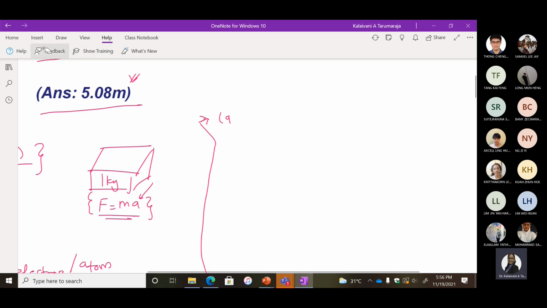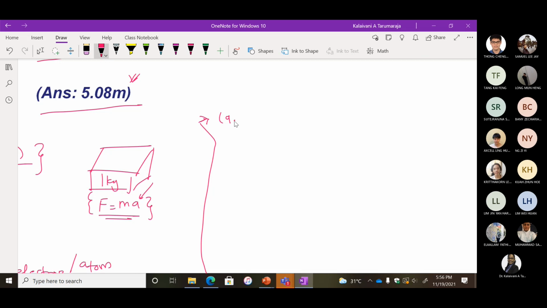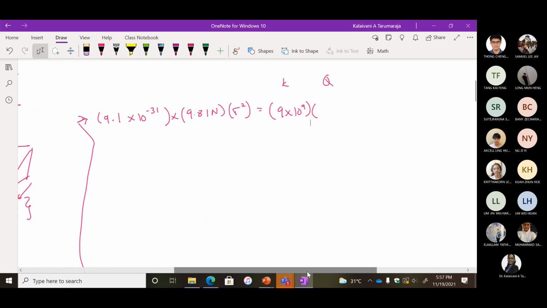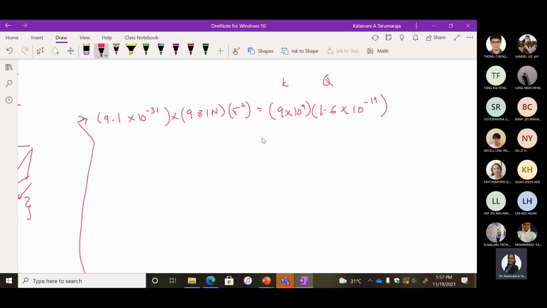9.1 times 10 to the power of minus 31, times this one, 9.81 Newton, with the R power of 2, which is equal to the K value, which is 9 times 10 to the power of 9, continuing with the charge value, which is 1.6 to the power of minus 19. Once I'm done, I can do my calculation as usual.